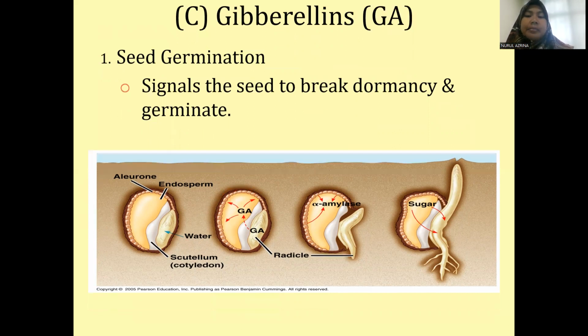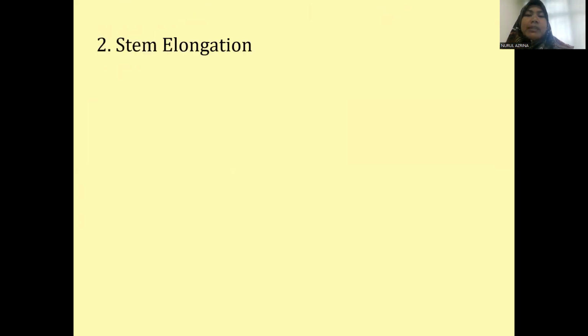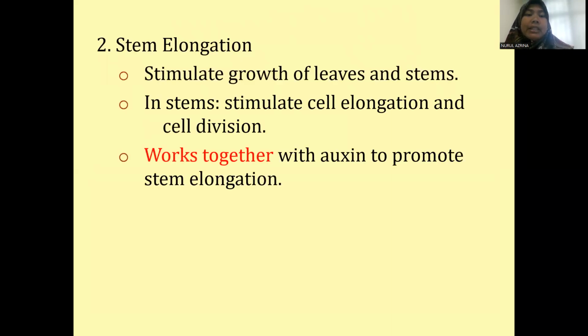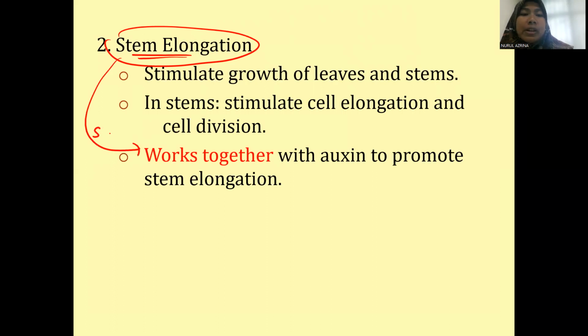Okay. Right. So the next function of gibberellin is to promote stem elongation. You can see here that the stem elongation function is synergism to the function of auxin, meaning both gibberellin and auxin work in stimulating stem elongation.